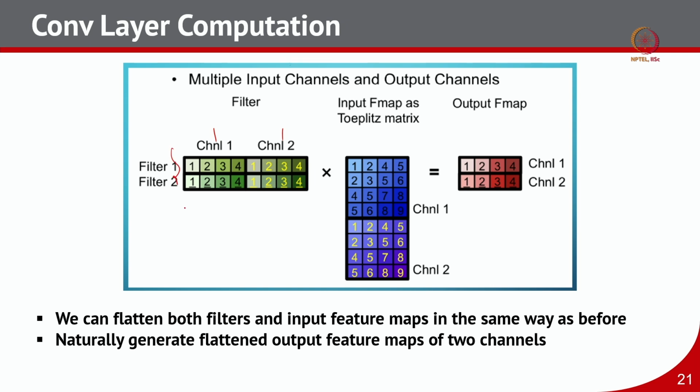Once we have multiple filters, then we have to stack the filters on top of each other, in different rows. Similarly, this particular matrix is the flattened version of the input feature map, and since we have two channels in the input feature map, we have stacked the different channels of the input feature map into different rows. Okay. So if we do this matrix multiplication, then we will get the different channels of the output feature map.